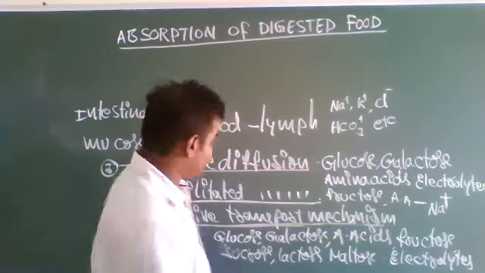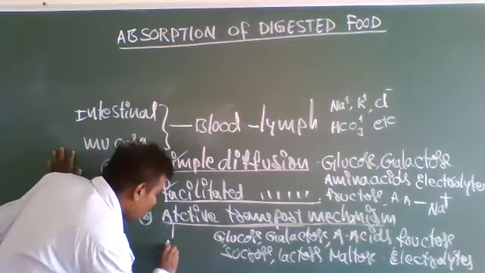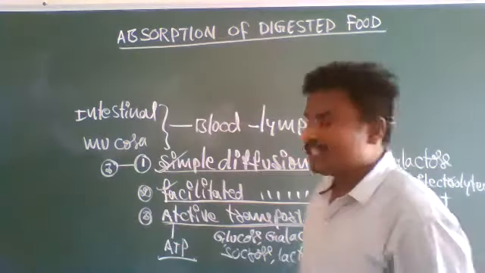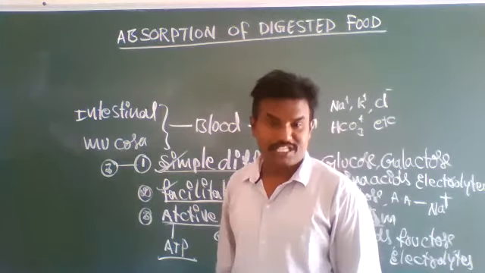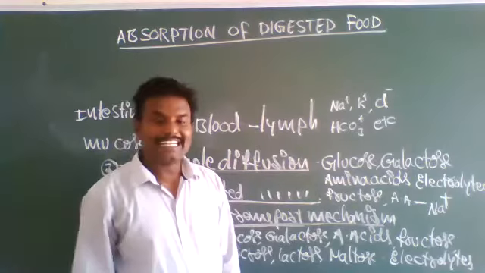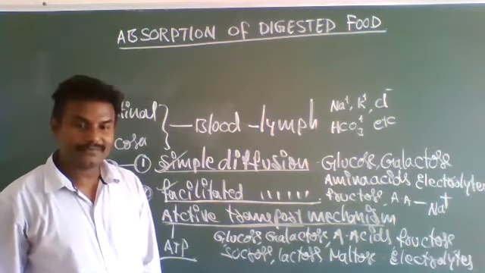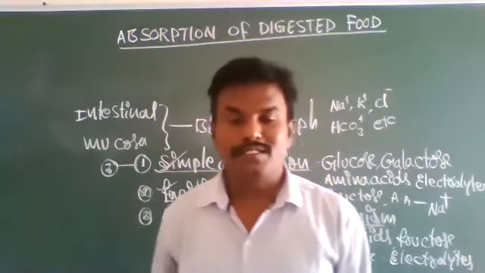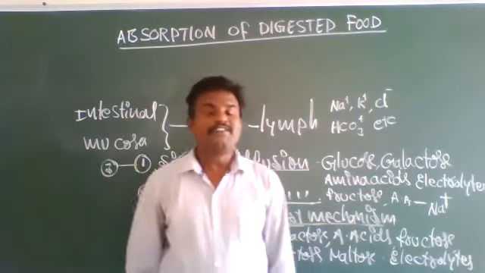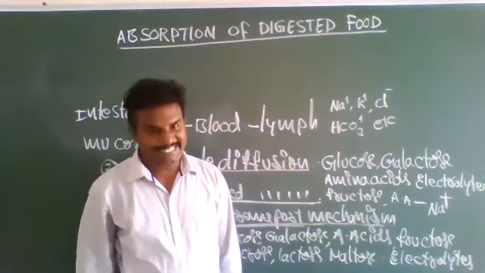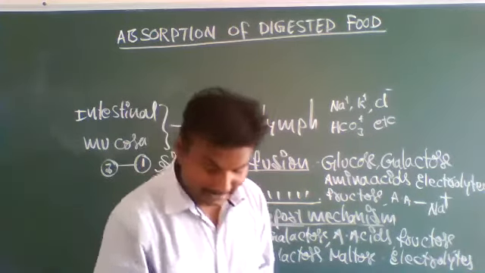That energy is adenosine triphosphate, ATP. Through these transport mechanisms, the products of digestion are absorbed in various parts of the small intestine.